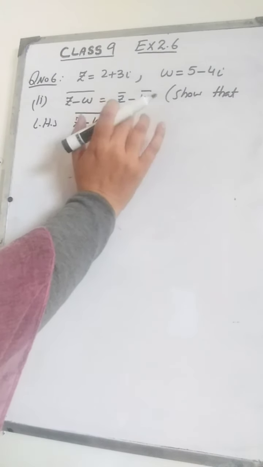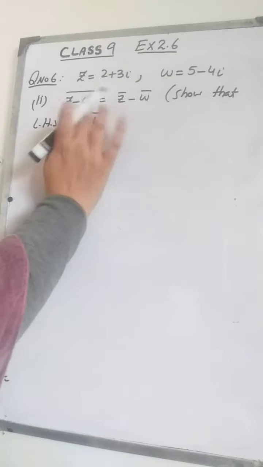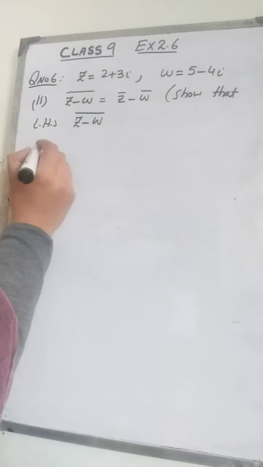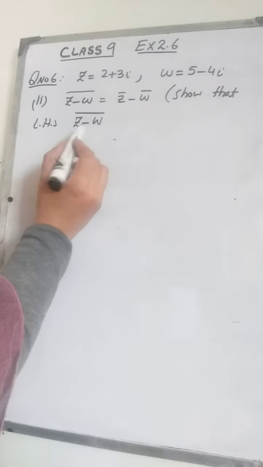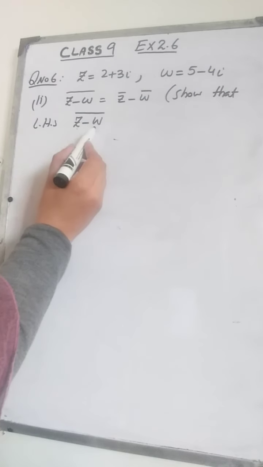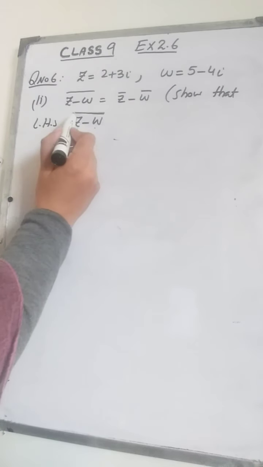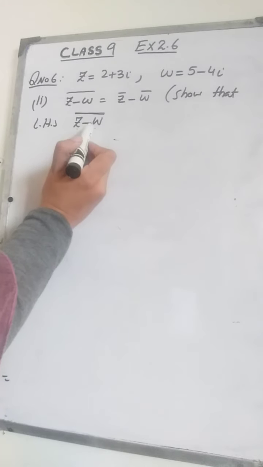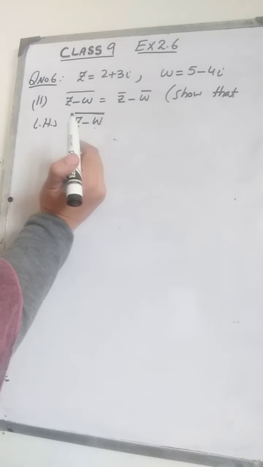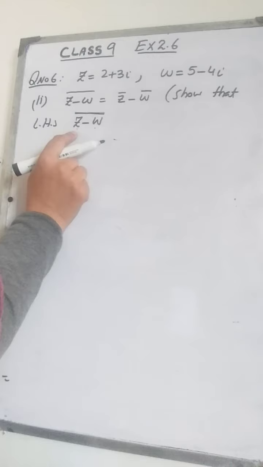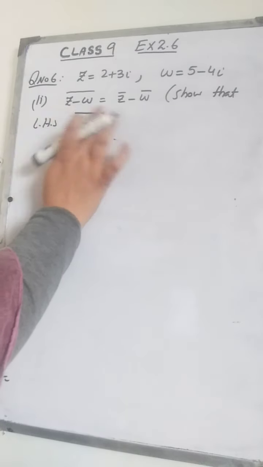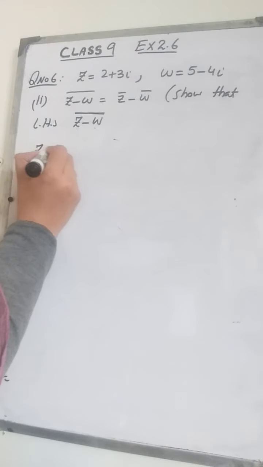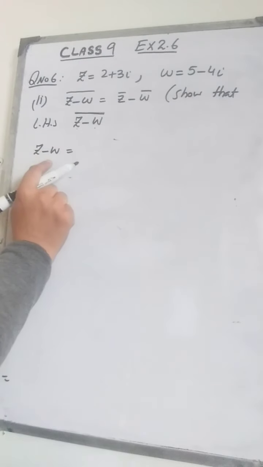The answer in both the cases will be the same, so it will be verified that this expression is equal to this. So taking the left hand side, first of all we want to find Z minus W, and then we are going to find its conjugate. They are asking for the conjugate of Z minus W. Obviously first we are going to find the number which is Z minus W, and then we will be able to find its conjugate.